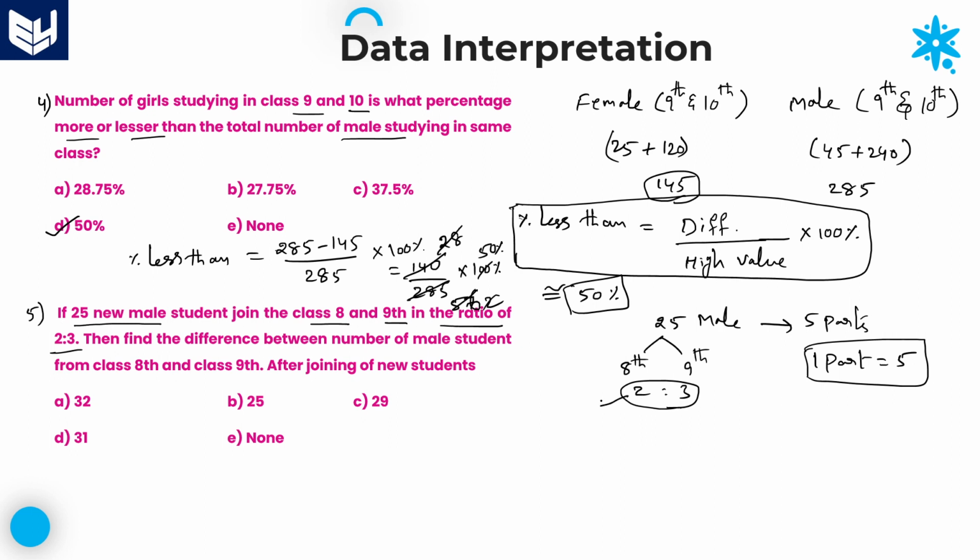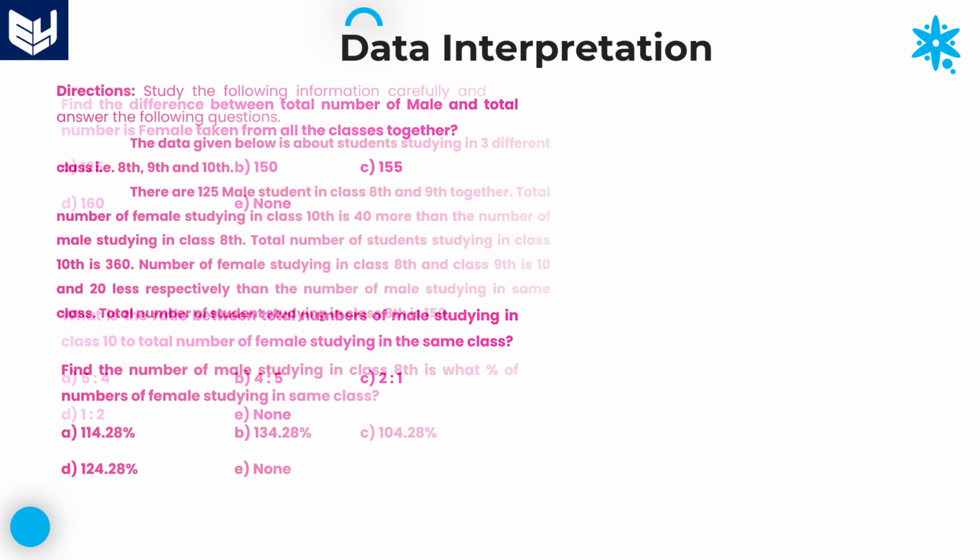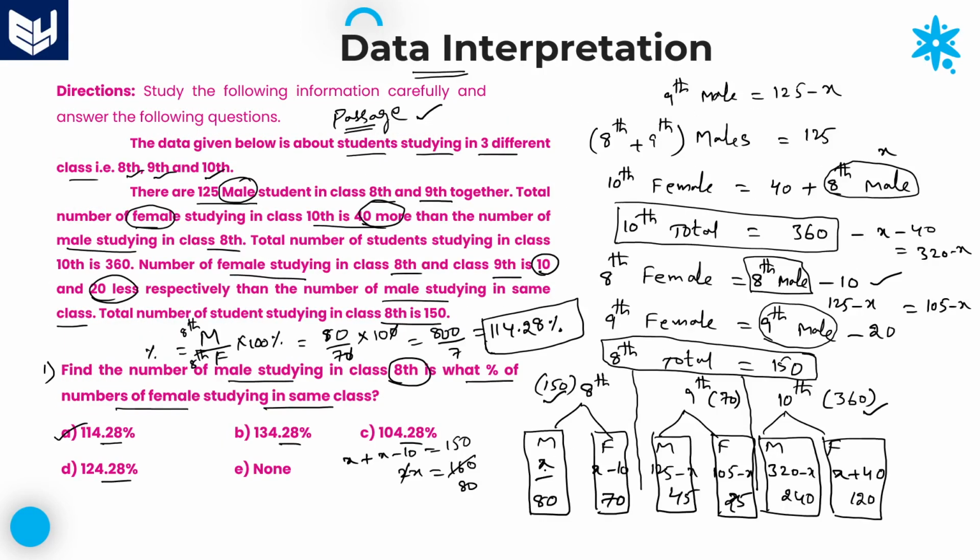Now 8th class is having 2 parts, 5 into 2, 10 members are joined in 8th class, and whereas coming to 9th class, 3 parts, 3 into 5, that is equal to 15 members. 15 male students are joined in 9th class, 10 male students are joined in 8th class. Initially, how many male students are there in 8th class? 80. Whereas in 9th class, 45.